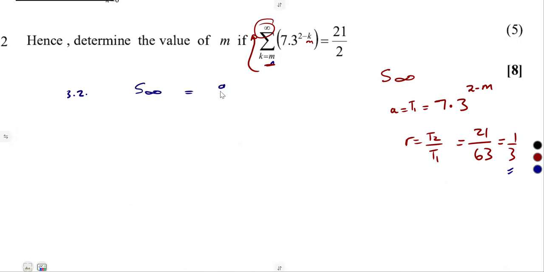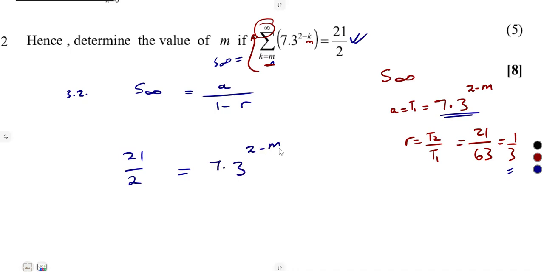It is A over 1 minus R. So since this whole part represents the sum to infinity, which is 21 over 2, that's our answer, it is equal to A, the first term, in terms of M. That is where our M is going to play a role. 7 times 3 to the exponent of 2 minus M, all over 1 minus R, our R being 1 over 3. So this is it, guys.